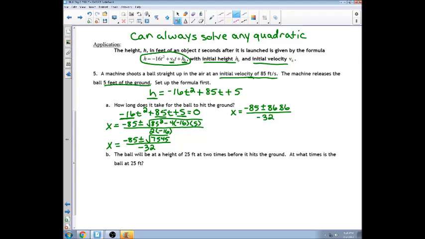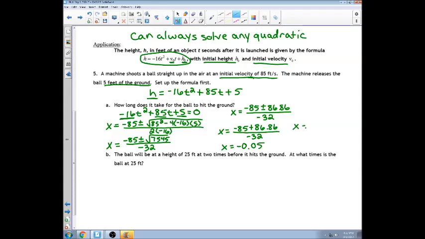Now that I have the plus or minus in my numerator, what I'm going to do is set up two separate equations. So I'll have negative 85 plus 86.86 over negative 32. If I do that, negative 85 plus 86.86, and then divide it by negative 32, I'll end up with x equals negative 0.05.